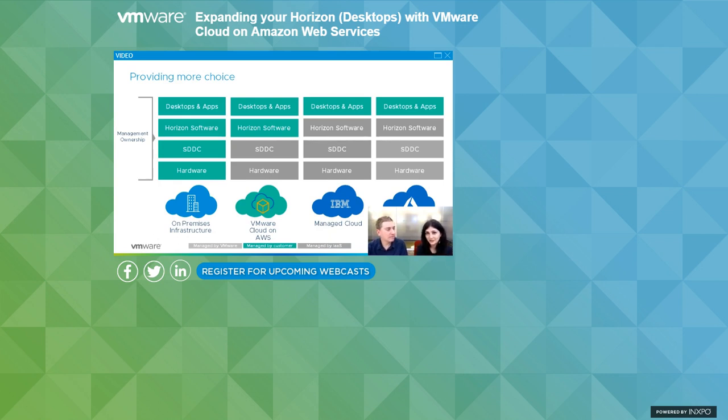So you are only focused on the desktop virtualization software and the desktops and apps that you wish to provide to your end users, whether that's email, Adobe or Skype or what have you. But the infrastructure, the servers, the compute, and also the SDDC, vSphere, vCenter, is taken care of by AWS and VMware respectively, and you manage the rest.